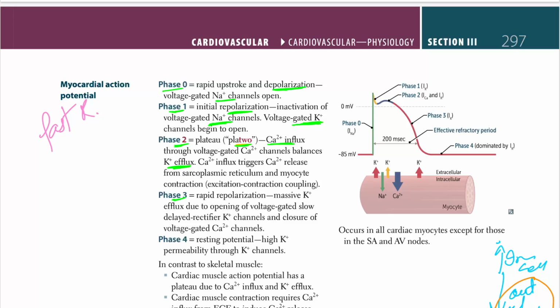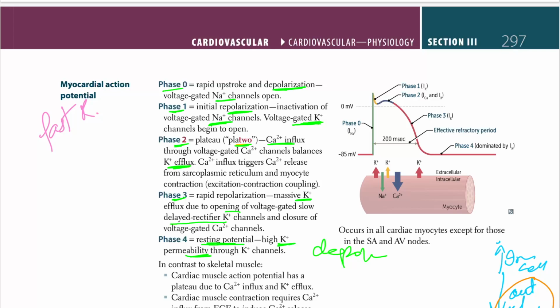And phase 3 is all about your potassium going out from the cell, and that is due to the opening of the delayed rectifier, and these delayed rectifiers will stay open until you go into depolarization again. So in resting membrane potential, because the rectifiers are open, your potassium permeability is there.